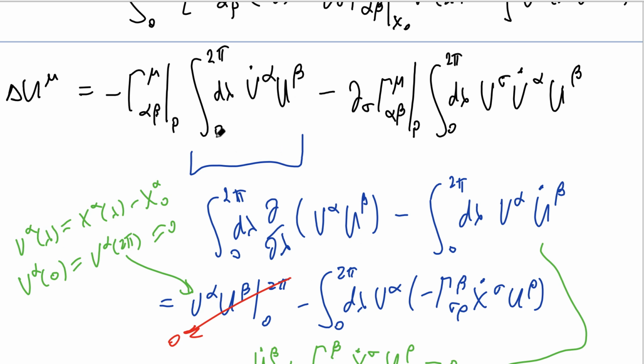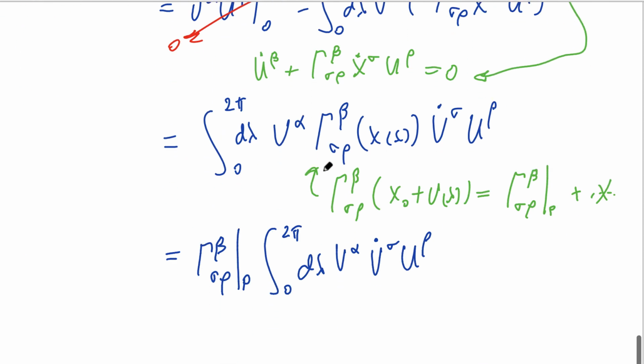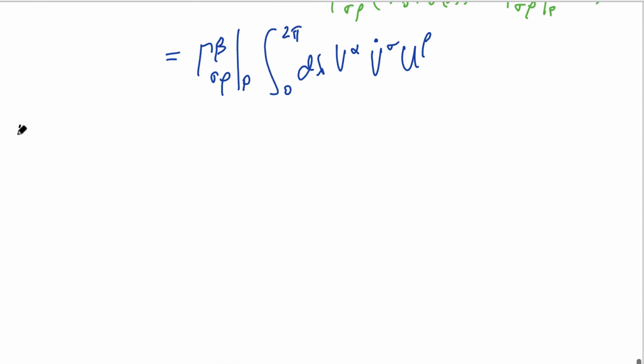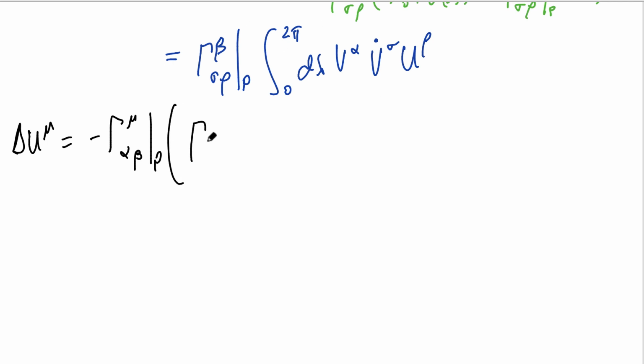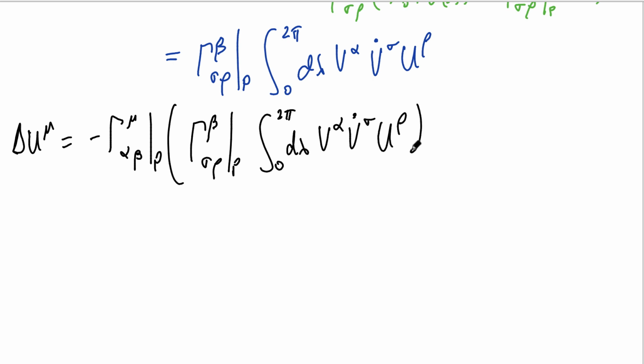So inserting that integral into here, what we have is delta u mu equals minus gamma mu alpha beta evaluated at point p times this integral, so that's gamma beta sigma rho at point p times the integral from 0 to 2 pi of d lambda v alpha v dot sigma u rho.